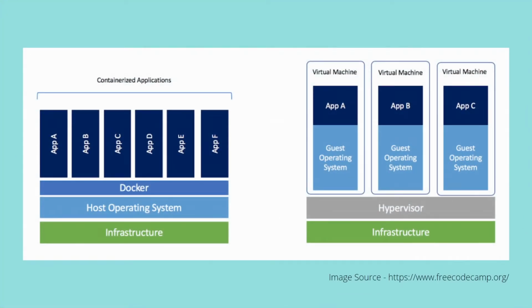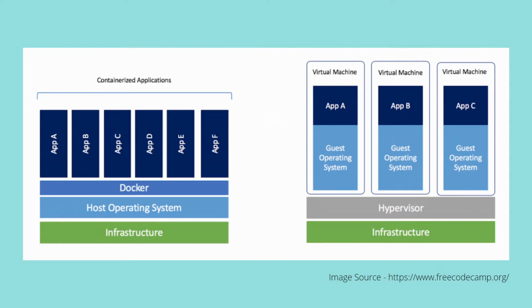Here you can see Docker and virtual machine. Let's talk about virtual machines first. In the past, developers and operational teams used virtual machines to deploy their applications. A hypervisor enables you to create any number of virtual machines on the infrastructure. Each virtual machine has a guest operating system.